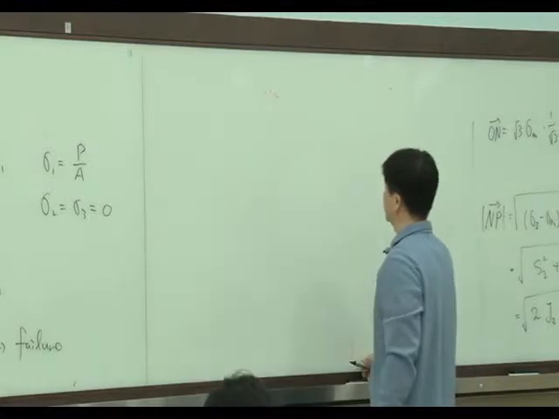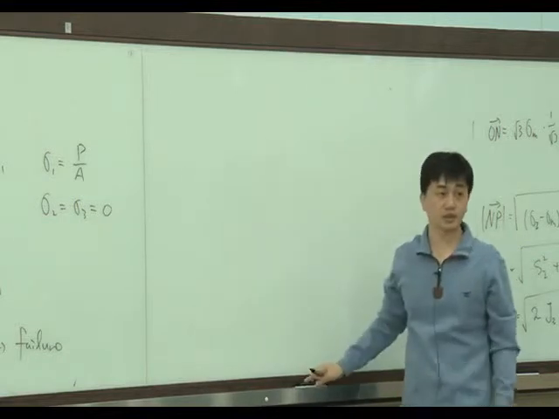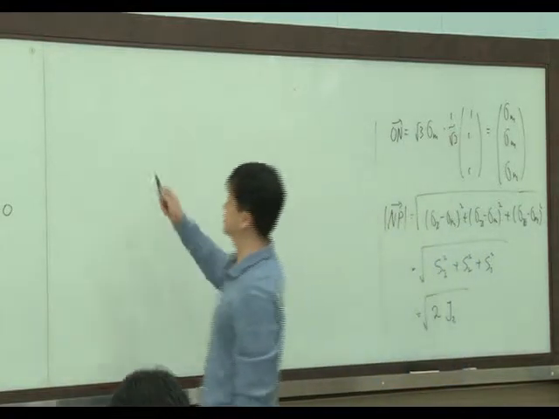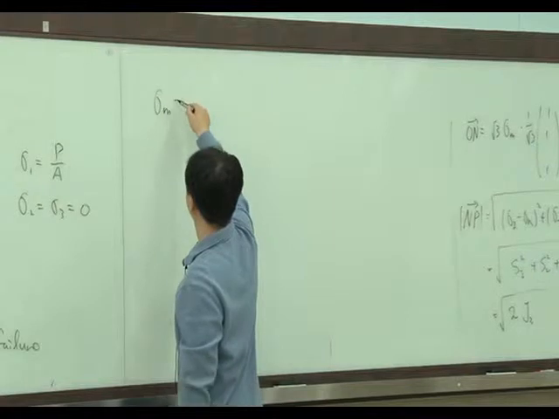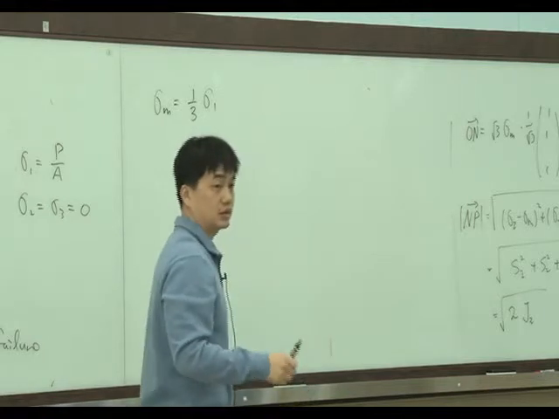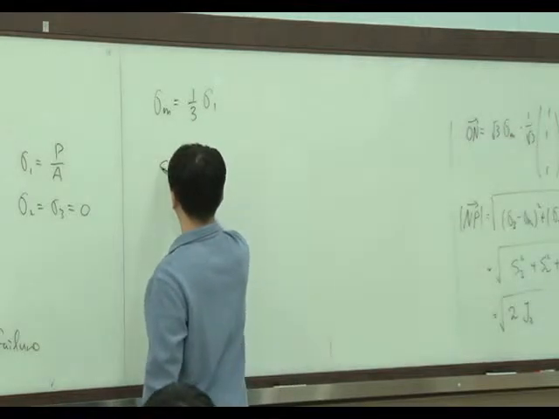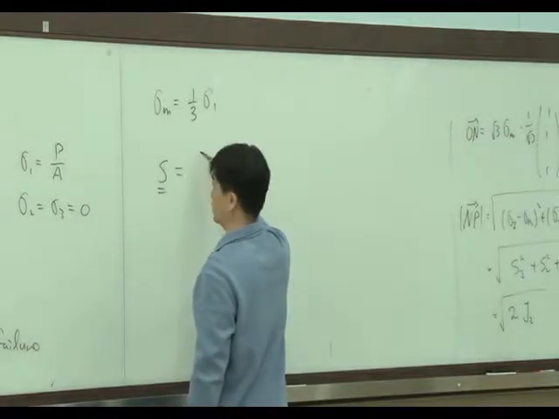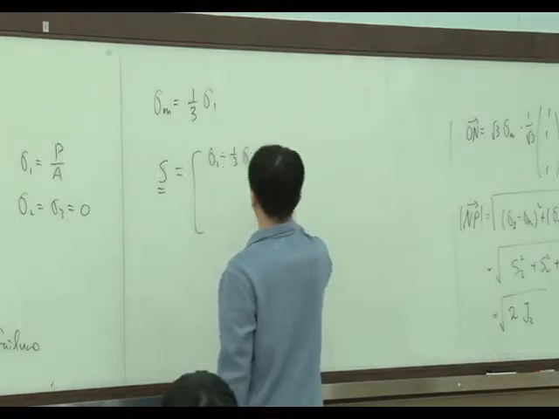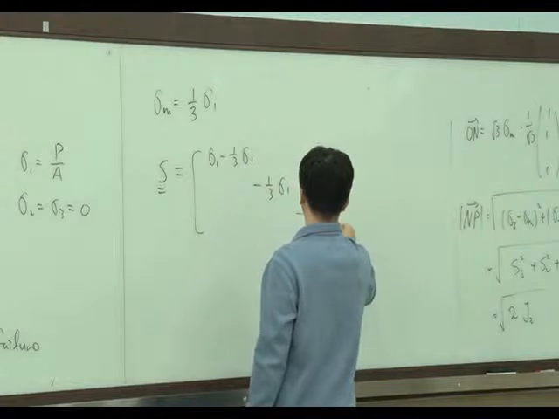So then we need to separate the stress field into two parts, the deviator part and the volumetric part. So sigma m will be 1 over 3 sigma 1, right? Because stresses 2 and 3 are 0. So the stress deviator will be sigma 1 minus 1 over 3 sigma 1, minus 1 over 3 sigma 1, minus 1 over 3 sigma 1.